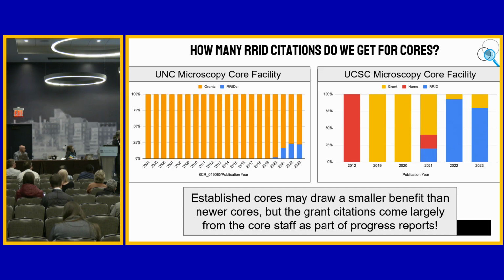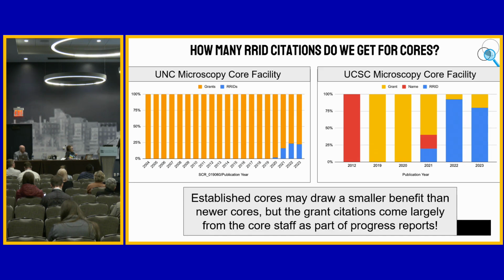And what you will find there is that a lot of these people either didn't cite the core properly. The reason that we know about this is because those lovely, lovely, hardworking people in this core facility went through the scientific literature and they associated each paper with a grant number.